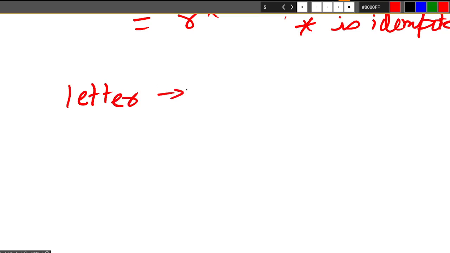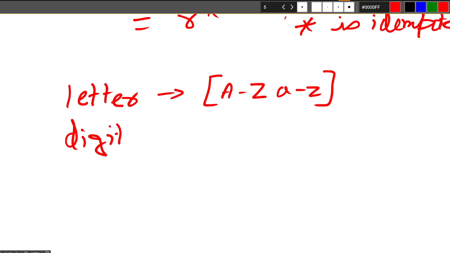So what will this letter be? It can be A to Z or small a to small z. Now what can be a digit? Suppose I want a digit to be between 0 to 9.